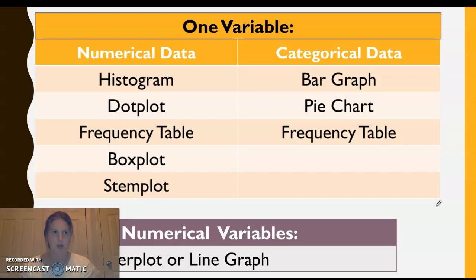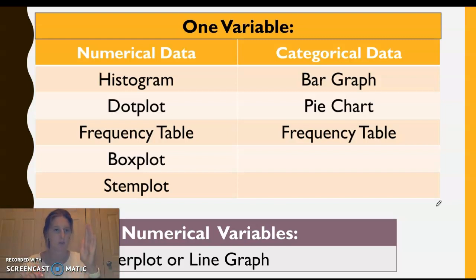So for one variable, we're talking about number of points in a basketball game. But when I have two variables, such as the number of points scored in a basketball game and the player's height, the display we use is a scatter plot or a line graph. So for two numerical variables, we need a scatter plot or a line graph to compare one variable on each axis: the number of points a player scores compared to his height.